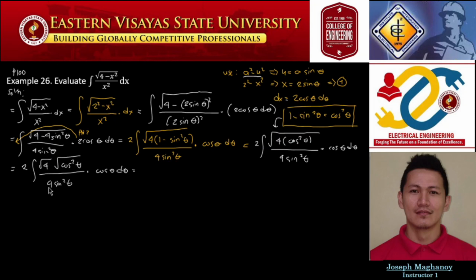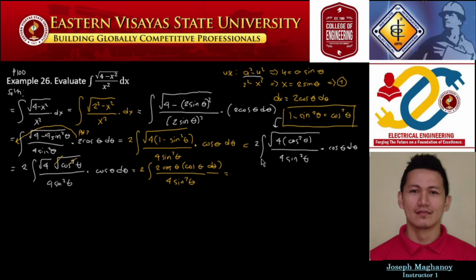So what will happen next? So we cancel out some properties. So this will become 2. We cancel out the square root, so this will become 2. Okay, so the remaining square root of 2, 2 cosine theta. So we can multiply it to our existing cosine theta d theta all over 4 sine squared theta.